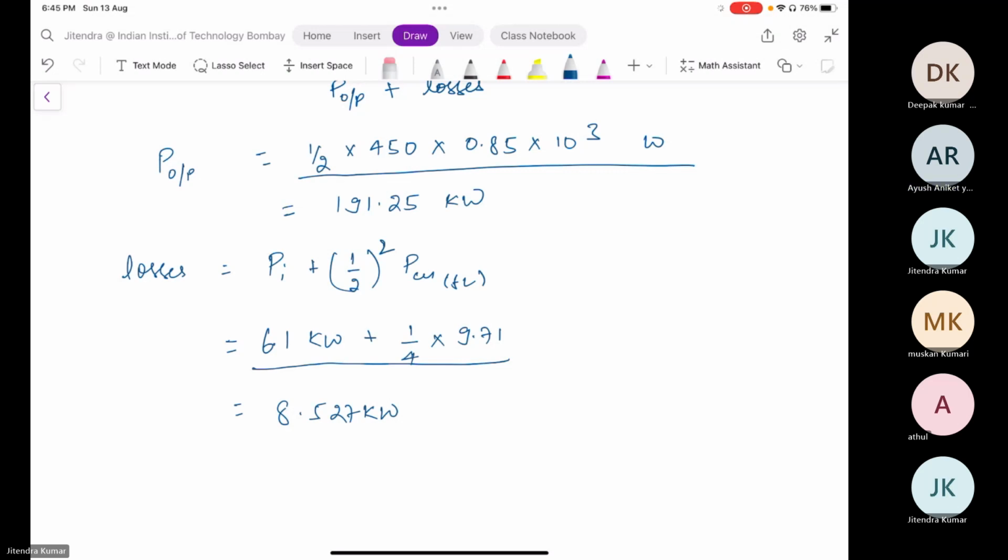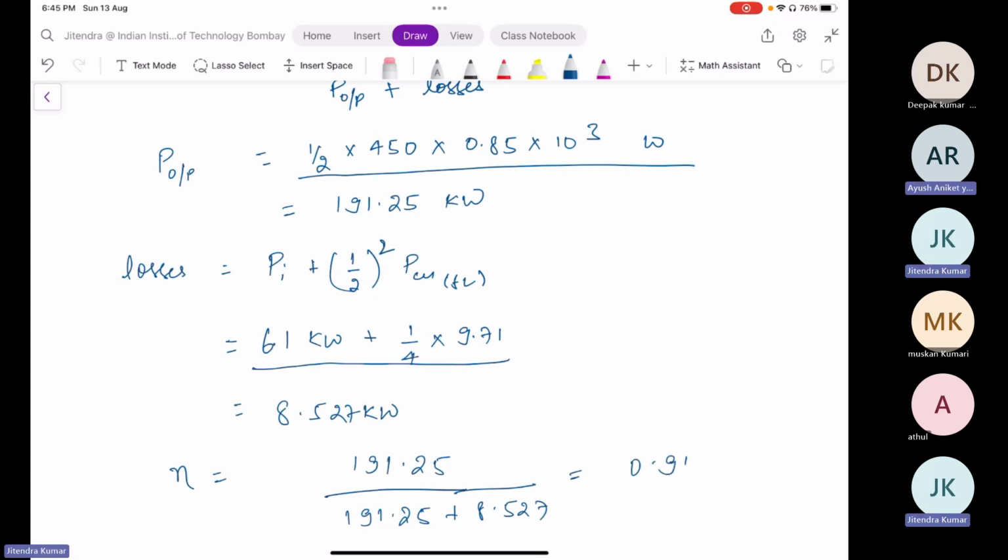Efficiency is 95%, sir. 191.25 divided by 191.25 plus 8.527. Okay, 95 point something it should be. I hope you got the idea.